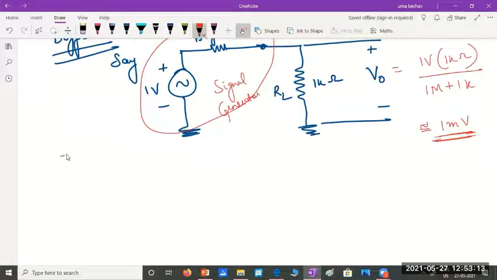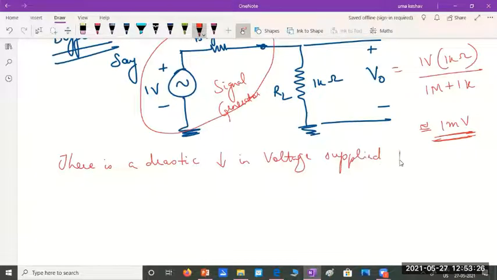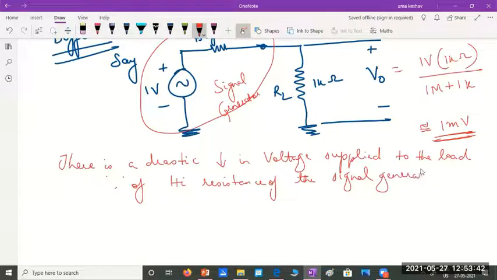There is a drastic decrease in the voltage supplied to the load because of the high resistance of the signal generator. So what can I do to overcome this?